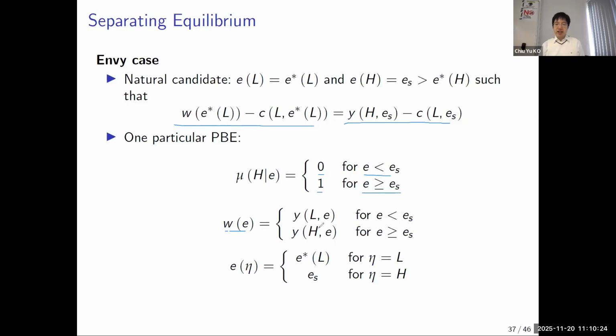The wages are expected productivity: if high enough, the high type salary; if low, the low type salary. Education is E star here as before. So the only difference is that the high type gets more education to avoid being mimicked. You go the extra mile.